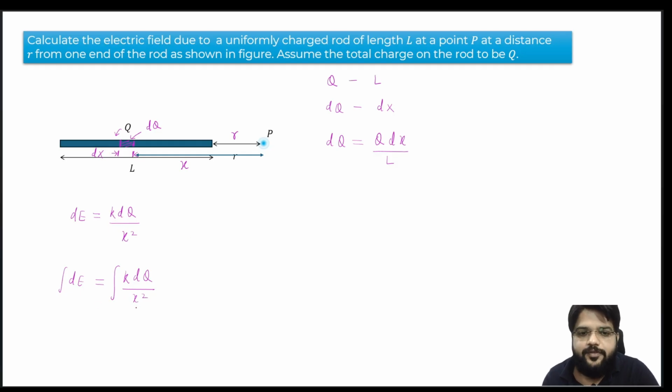All right, so now this value we will put here, and what will we get? The value of dq is Q dx by L. So integration of dE is what? It is E, everyone. And now k by L we put outside the integration.